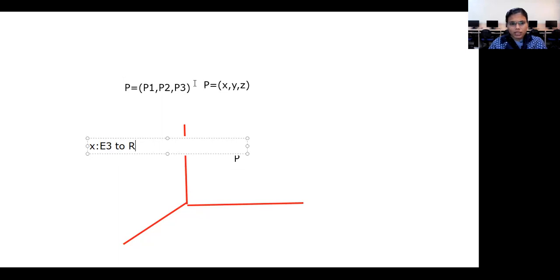We have plotted this in E3 space, hence our domain should be E3 space, and as x is any real number, the codomain should be R. In a similar way, y is again a function from E3 space to R. Similarly z is again a function from E3 space to R. So we already know that these x, y, z are real numbers. Now these kinds of functions we will call natural coordinates.